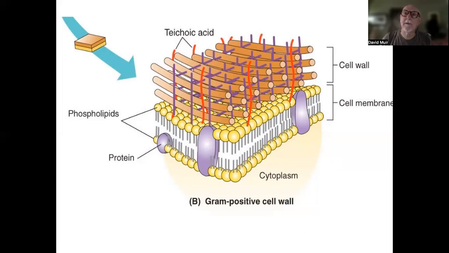And once that happens, the cell loses osmotic protection and the cell bursts from osmotic stress. That's the gram-positive. Things like bacillus, all of the different bacilli, all the rods with these thick cell walls, those are gram-positive.